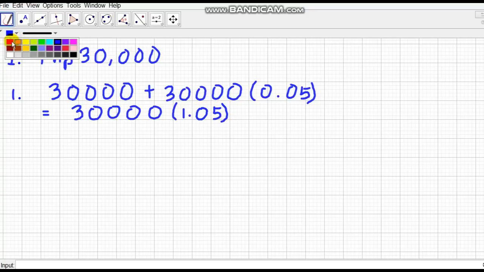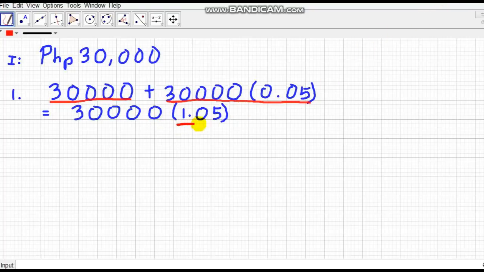Remember that this 30,000 here is the entire money. That's the 100% of her money. And 30,000 times 0.05, that is the 5% of her money. So combine it together, we will get the 105% of her money. That's why we can combine this as 30,000 times 1.05. So 1.05 of her money.